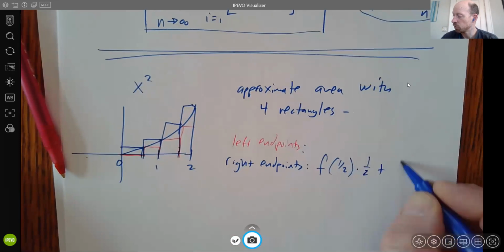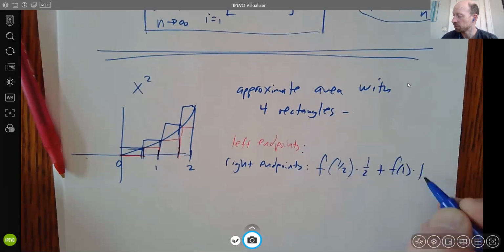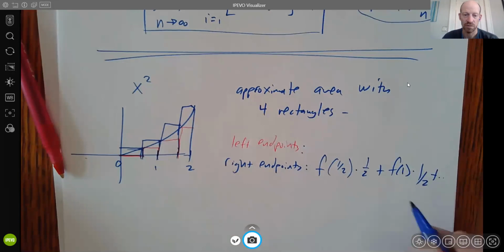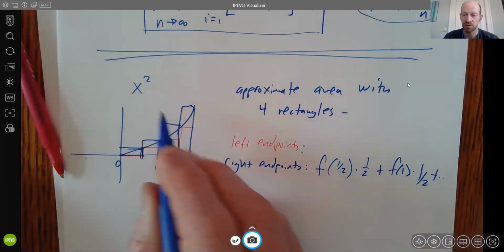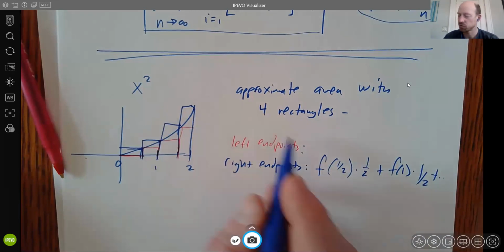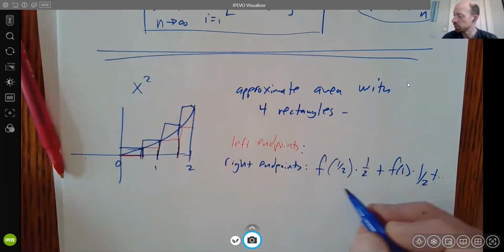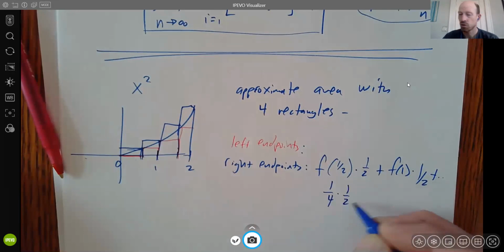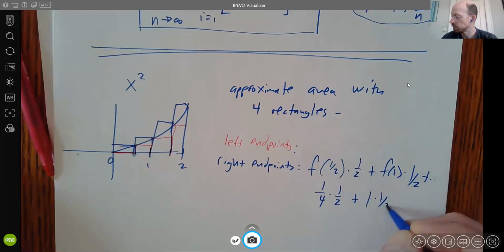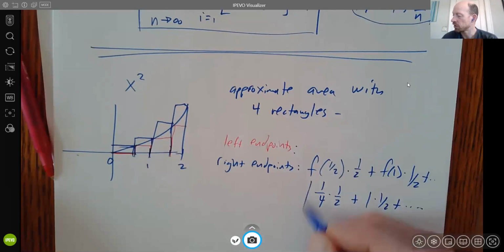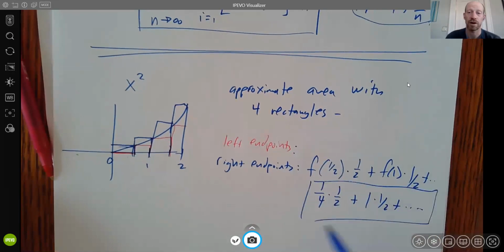And then I do f of 1 times 1/2, etc. And my function is this, so I just put in 1/2 squared, 1/4 times 1/2, 1 squared times 1/2. Add those all up, and that would equal my overestimate, or my right endpoint estimate. And then I would also, of course, have one for the left endpoint if that was what was asked.